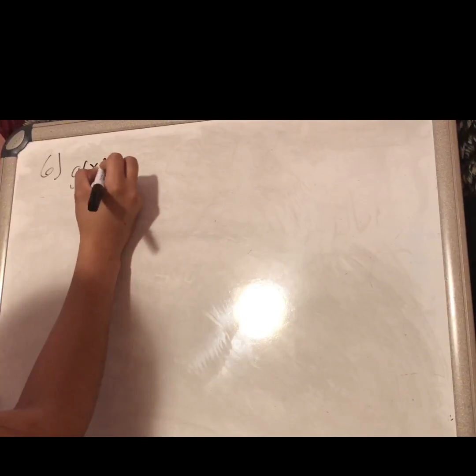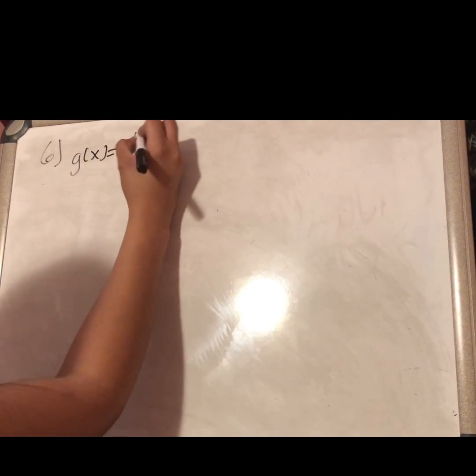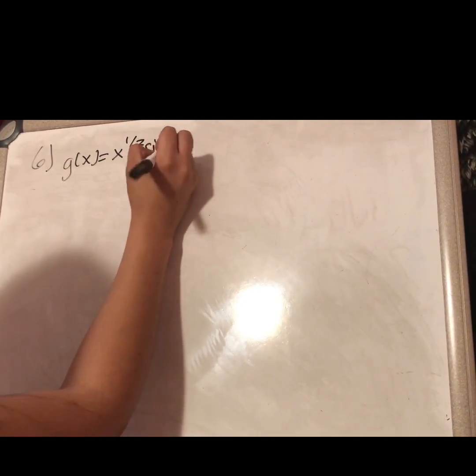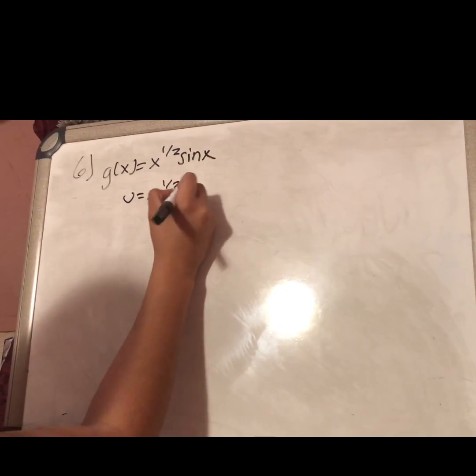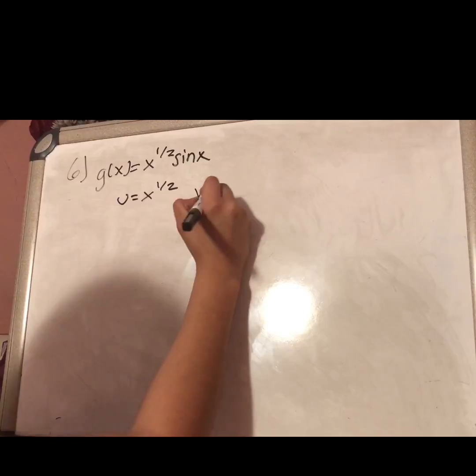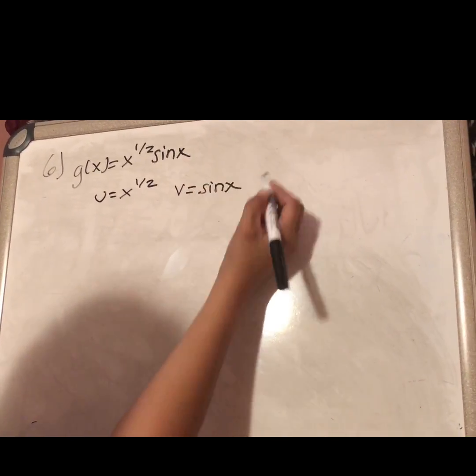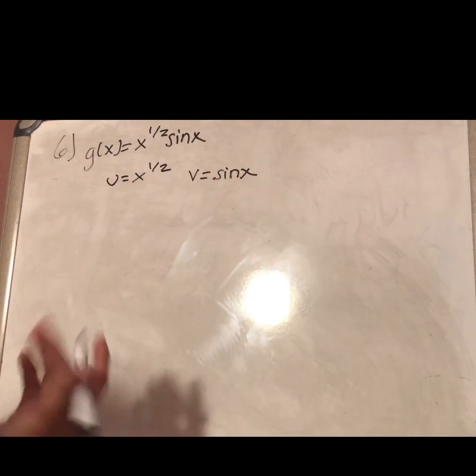Okay, so next one I'm going to do is number 6, which is g of x equals x to the 1/2 times sine x. Okay, so our u is going to be x to the power of 1/2, and our v is going to be sine x. So now you have to find the derivative.